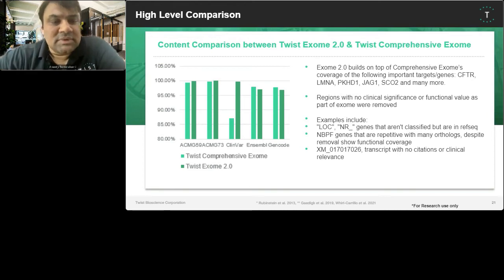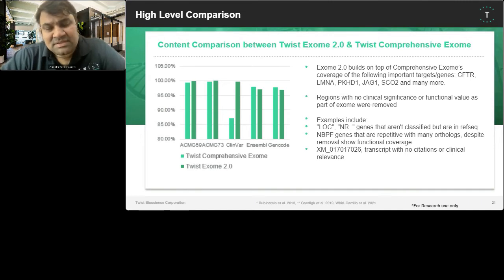But again, the Twist 2.0 is built on top of the comprehensive exome, where we try to retain all the important genes and add to the content of those genes. Like I said, add more UTRs or clinically relevant SNPs in those particular regions. But at the same time, we removed some of the genes that are unclassified or have no citations present.